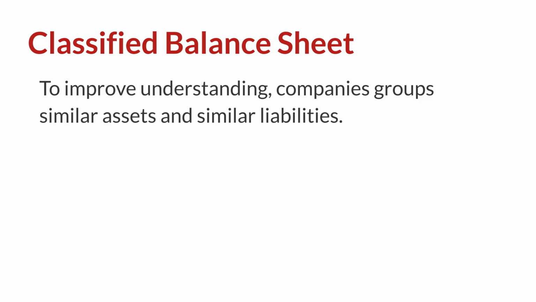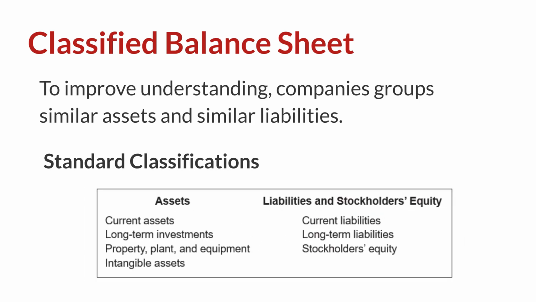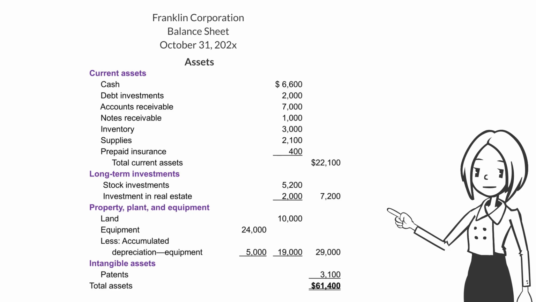It generally contains the following standard classifications: current assets, long-term investments, property, plant, and equipment, intangible assets, and then on our liabilities and stockholders' equity section, we'll show current liabilities, then long-term liabilities, and then lastly, stockholders' equity. Let's look at Franklin's balance sheet.